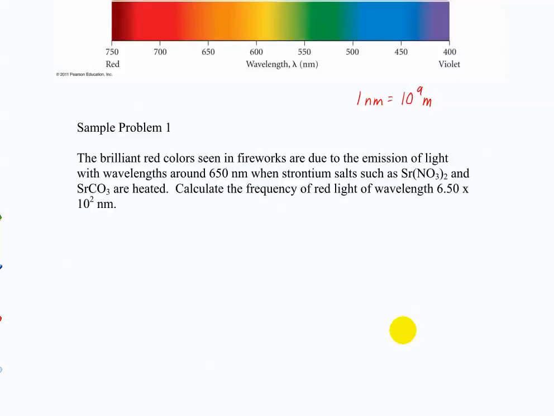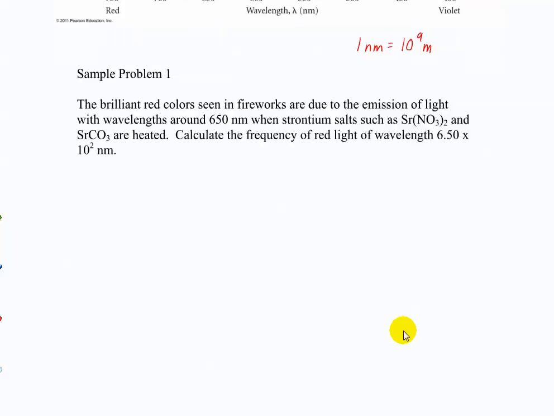Brilliant red colors in fireworks are due to emission of light with wavelengths around 650 nanometers when strontium salts are heated. Calculate the frequency of red light of wavelength 650 nanometers. So use that equation above, see if you can get that, and then we'll do it together. Same equation: c equals nu times lambda.